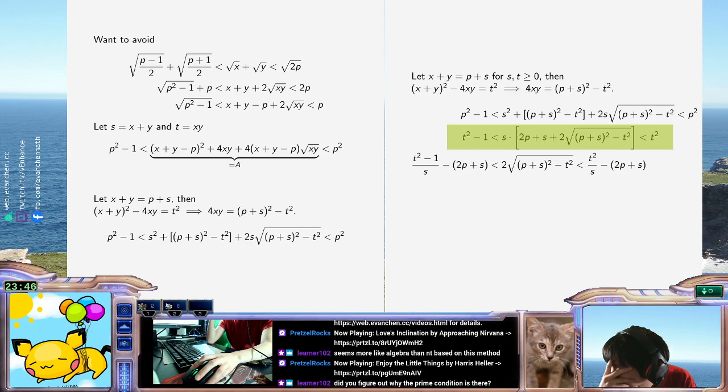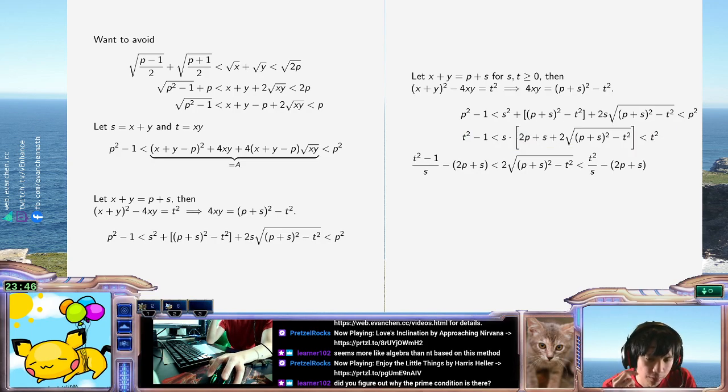Does that feel strange? Maybe I should be solving for the primes. Did you figure out the prime condition is there? Not yet.